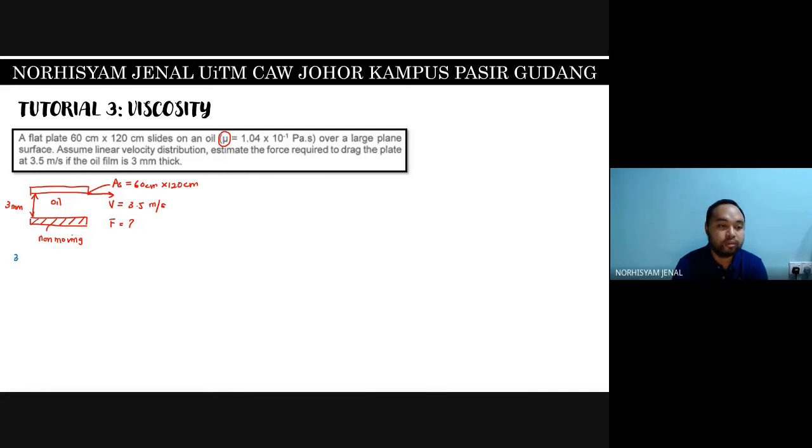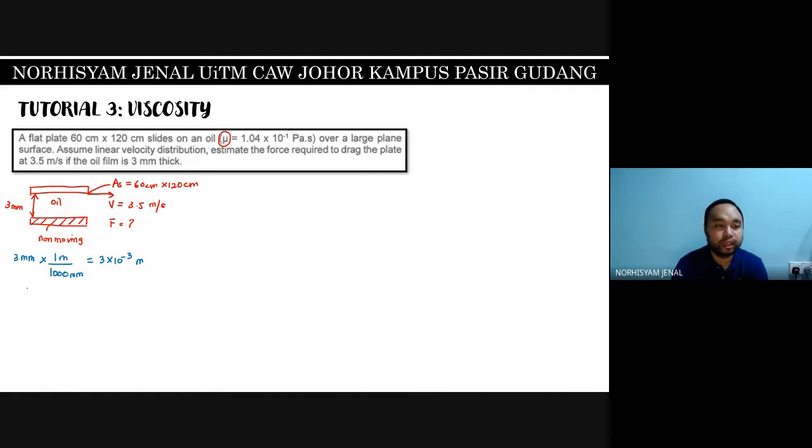So 3 millimeter, with 1 meter equal to 1000 millimeter, is 3 times 10 to the power of -3 meter.